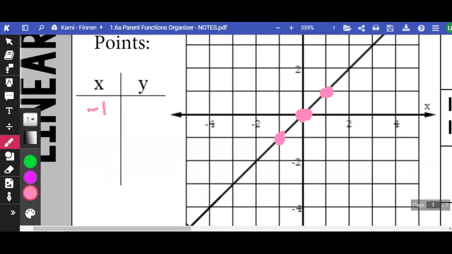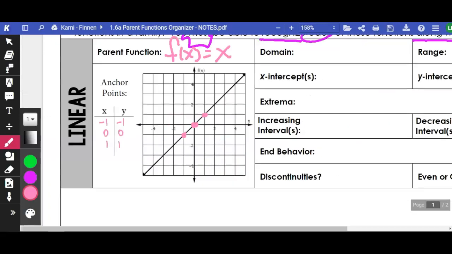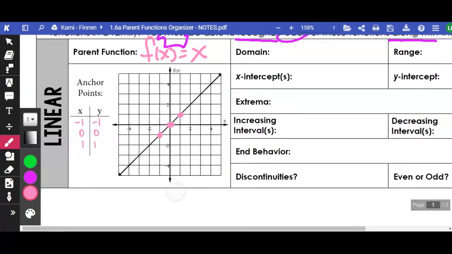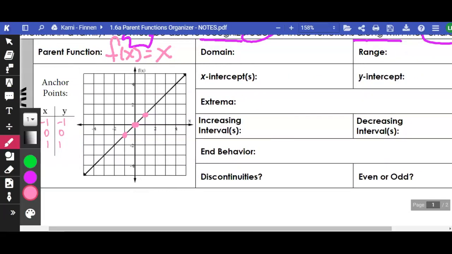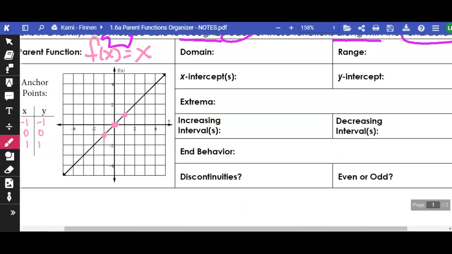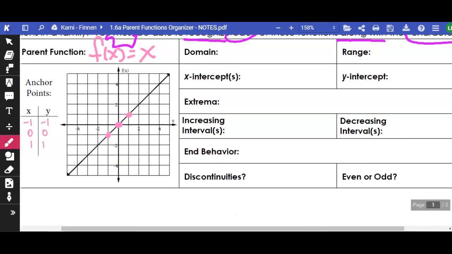And I'm going to have negative 1, negative 1, 0, 0, and 1, 1. And then I can zoom back out, and then it looks much better than if I'd have tried to write it really small. Okay, so those are my anchor points, and I'll move back to a 2. And you'll either have 3 or 5 depending on the function. In this case, it's 3. We don't need any more than that.